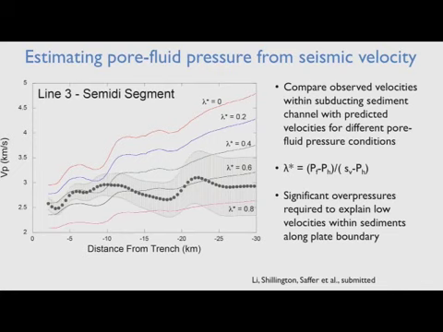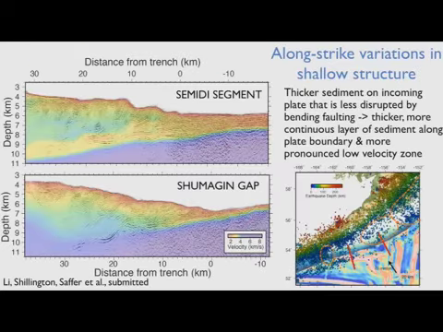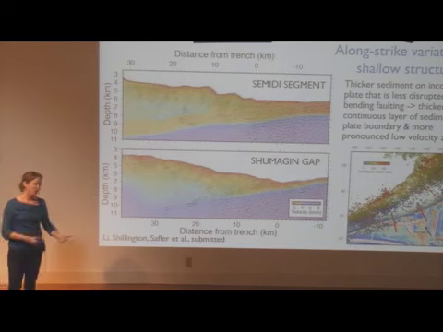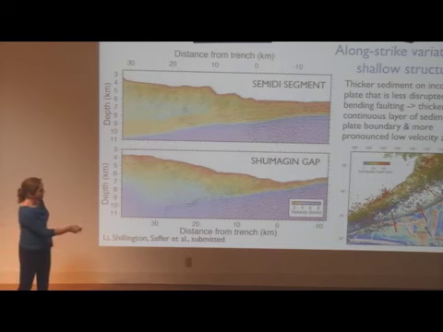You can see that our data are best explained by relatively high pore fluid pressures. And in our case, we only have 2D lines, and so we can compare lines along the margin and see big differences in these plate boundary properties in the shallow part along strike, between where you have a thicker and unfaulted sediment section coming to the trench and where you have a thinner section, which has a lot of bending faulting coming to the trench.